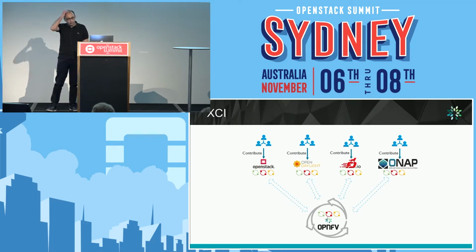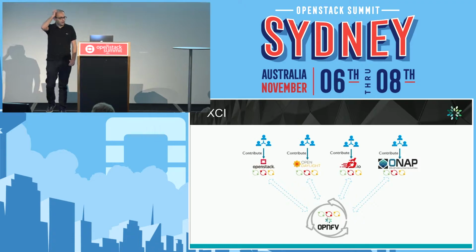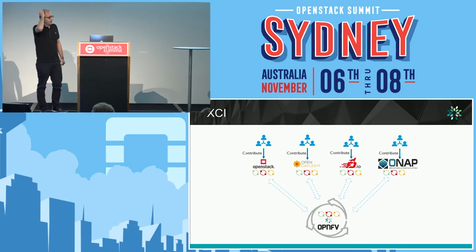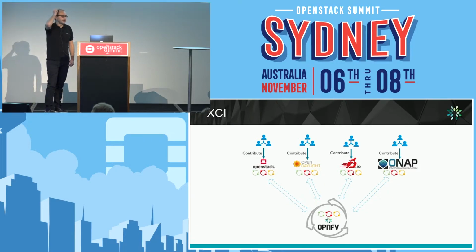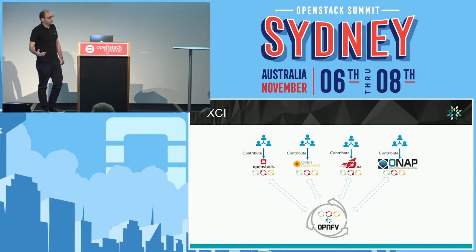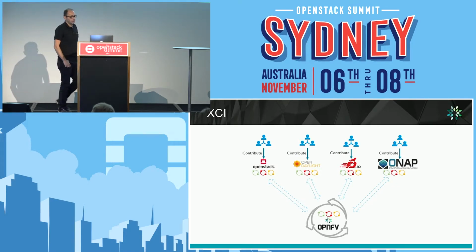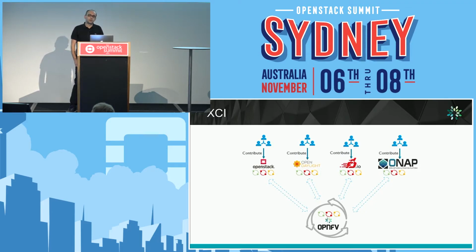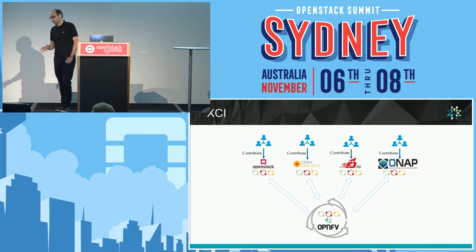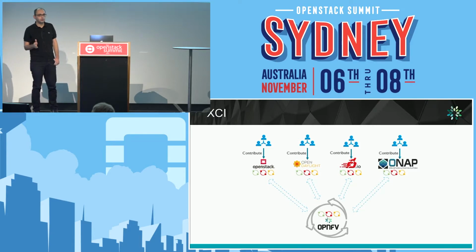Our first communities we worked with were OpenStack and Open Daylight, and we had some progress with them, obviously. Then we started with the FIDO community, and we will start working with ONAP in future. So this basically means that, okay, stable versions are good. We have some users who are after stability.